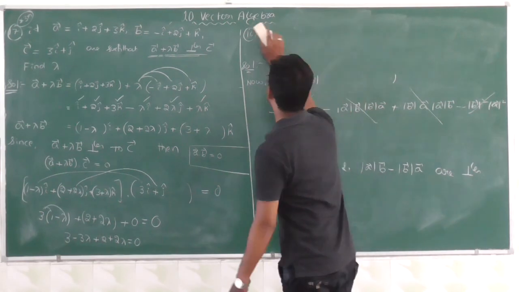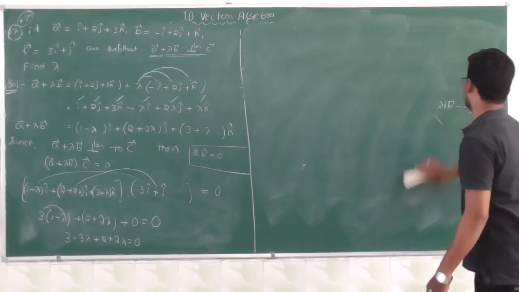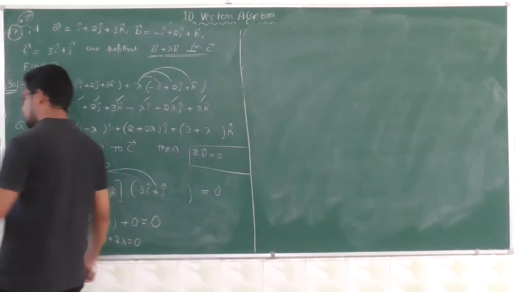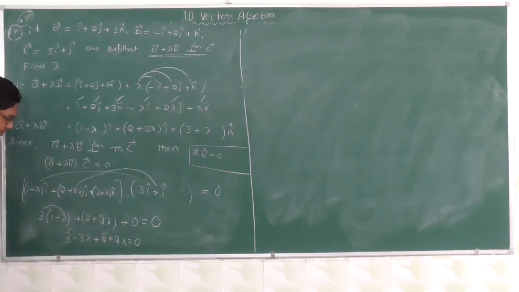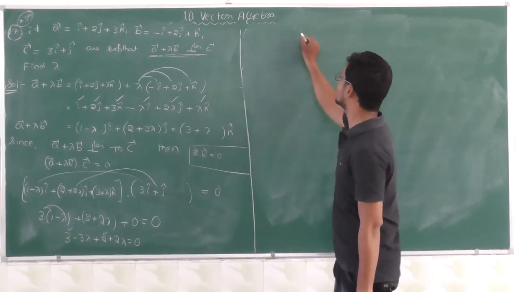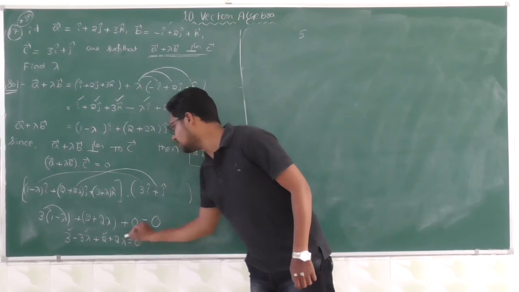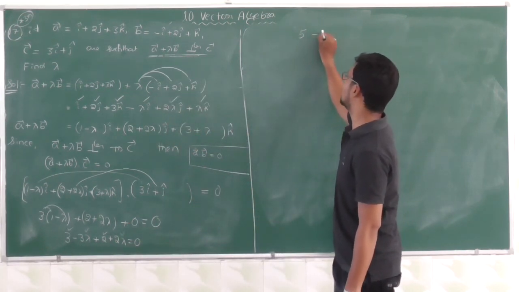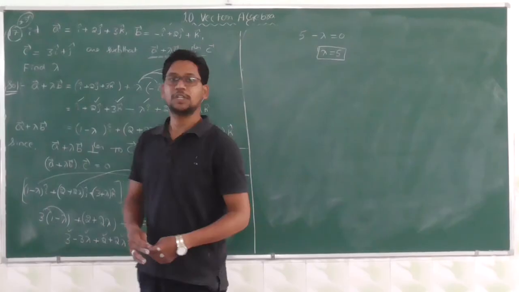Next step: 3 plus 2 is 5. Next, minus 3 lambda plus 2 lambda is minus lambda. So 5 minus lambda equals 0. Therefore, lambda equals 5.